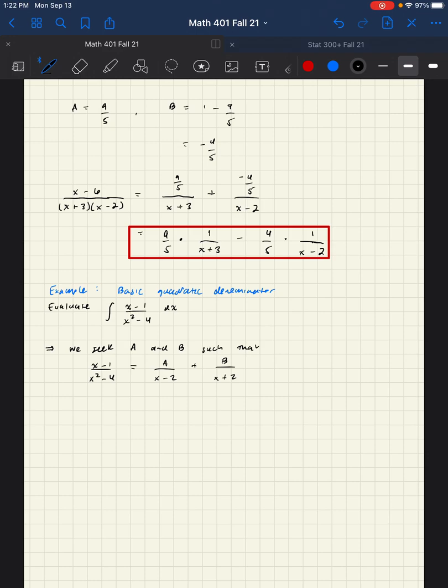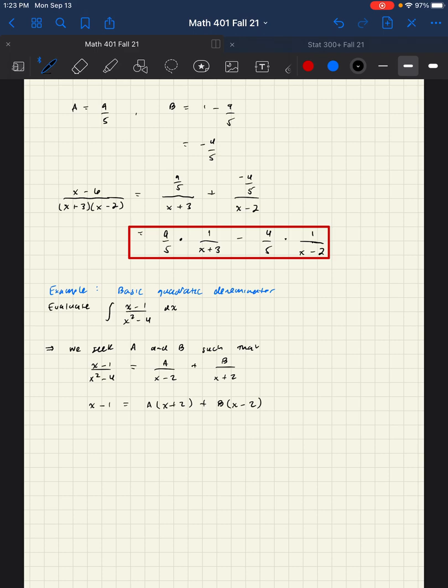So what we can do here is convert this again to a polynomial equation by multiplying by the least common denominator, x squared minus 4. So this will turn into x minus 1 equals A times x plus 2 plus B times x minus 2.